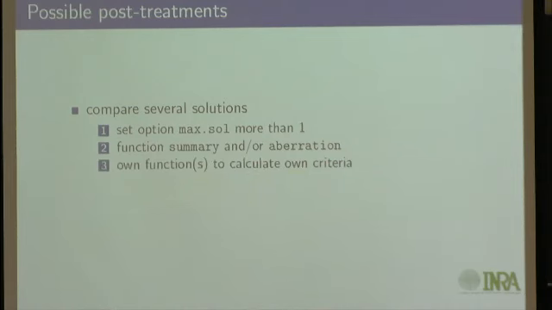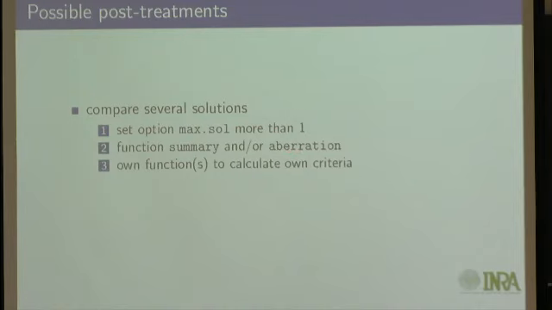So the first thing we may want to do is compare several solutions. In fact, this is an answer to your question. There is an option in the design key function, which is the maximum number of solutions after which the algorithm should stop, and this option is set to 1 by default.